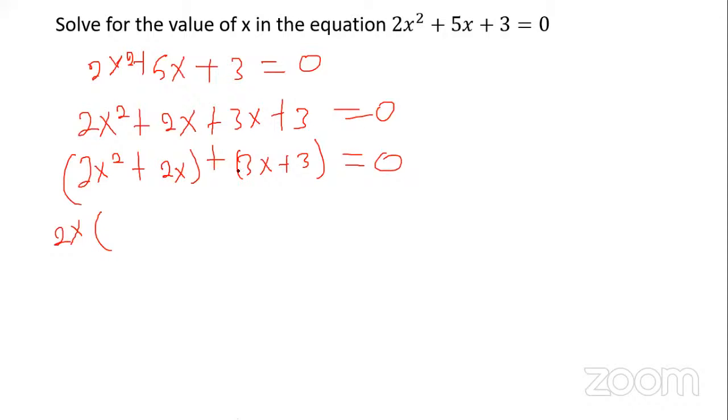It is x plus 1. Thank you. Then the common factor in the second bracket is? It is 3. Then what remains inside? x plus 1. Thank you.